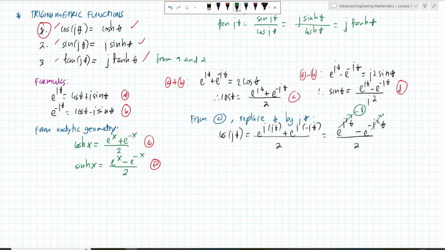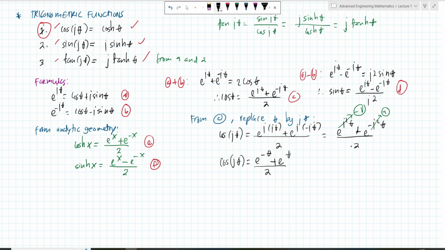So this becomes e raised to negative theta plus e raised to negative times negative 1, which becomes positive theta, over 2.